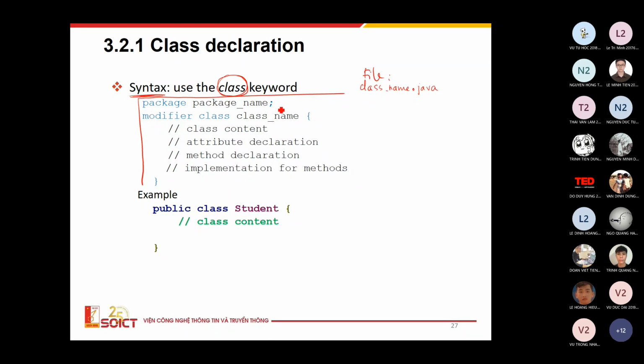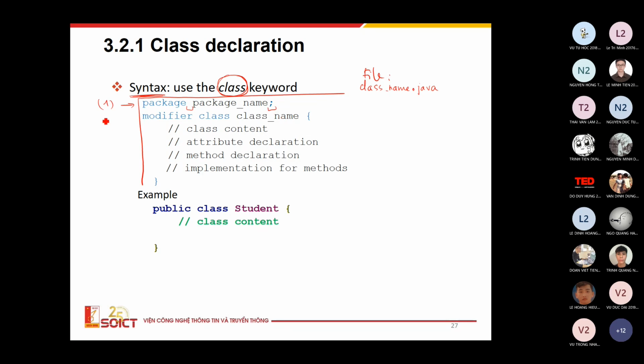Firstly, you write down the package name, or the folder this class belongs to. The first line, you write the package name with the syntax: package, space, then the package name, and then the semicolon.